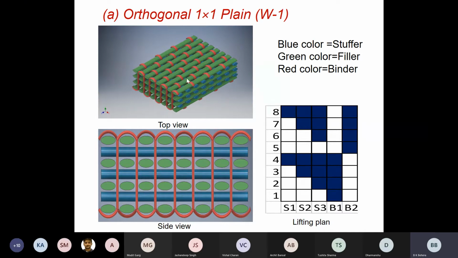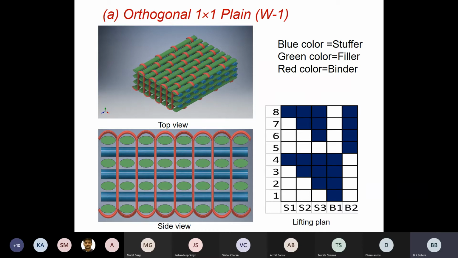As you can see, this is a plain woven structure, one up, one down, one up, one down, and it is there in all 4 layers. It is possible to produce this fabric having different weave designs in different layers, but particularly in this structure, we have followed plain weave in all the 4 layers. That's why I have written it orthogonal 1x1 plain woven 3D fabric.